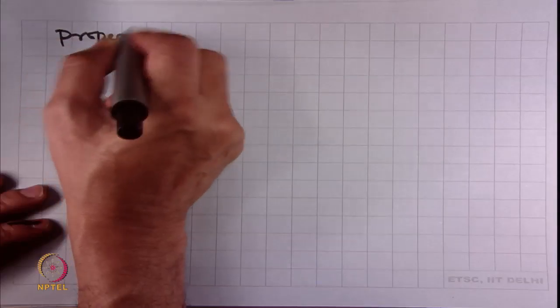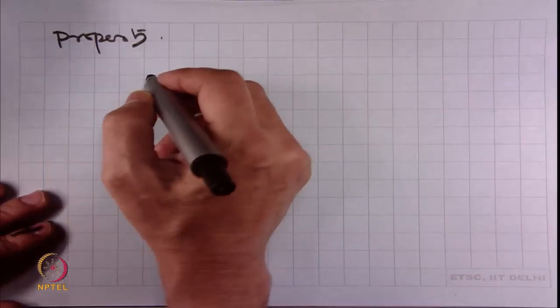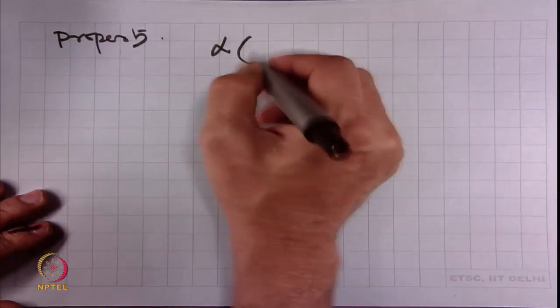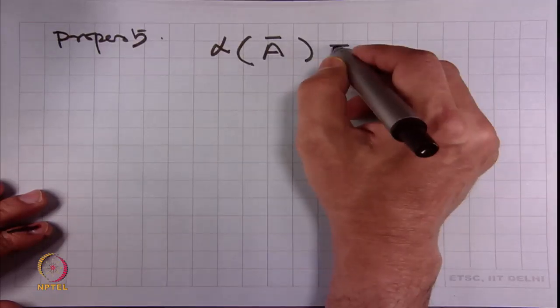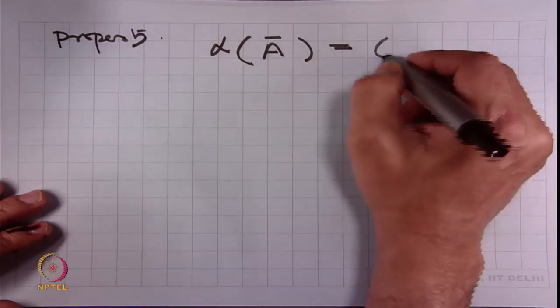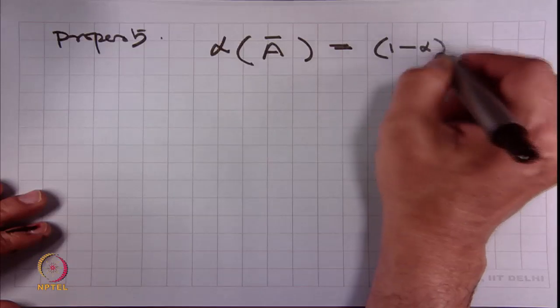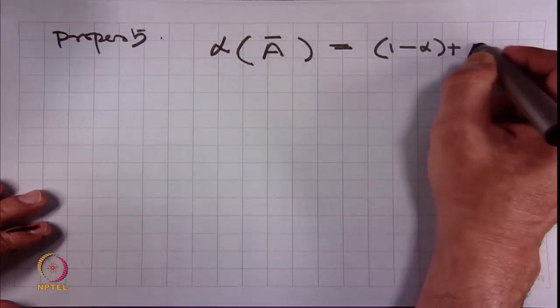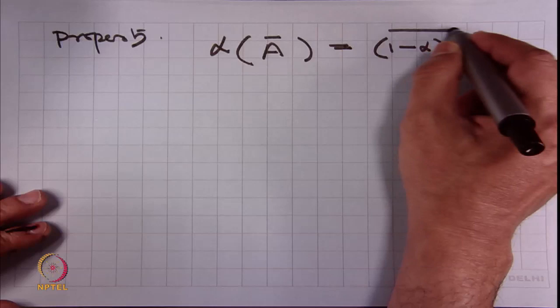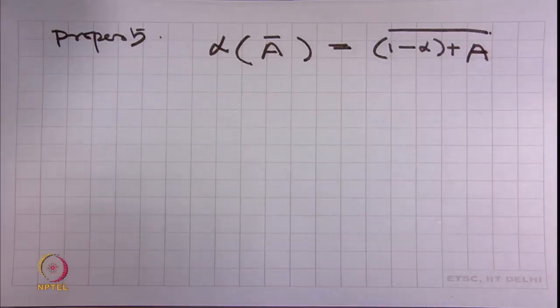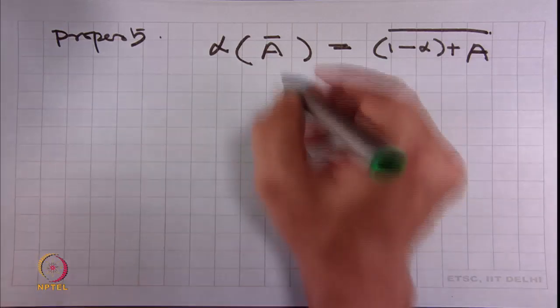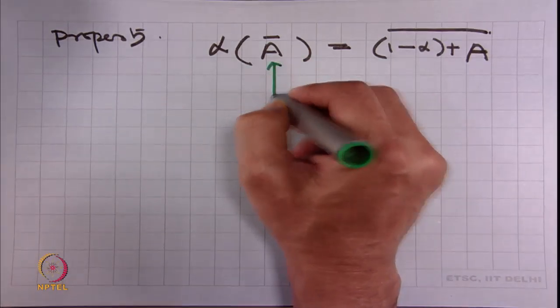Another property is alpha cut of A complement is equal to 1 minus alpha plus cut of A, complement. You have to understand that this is fuzzy complement.